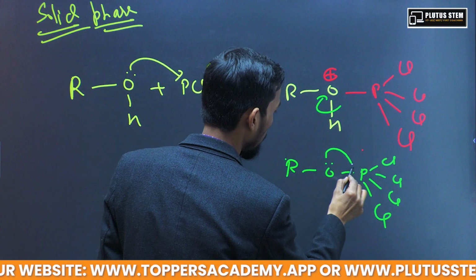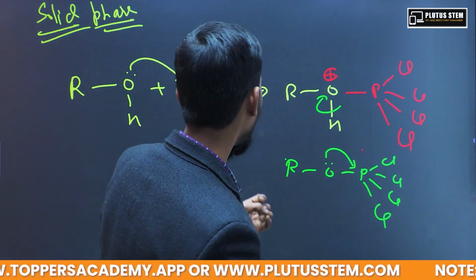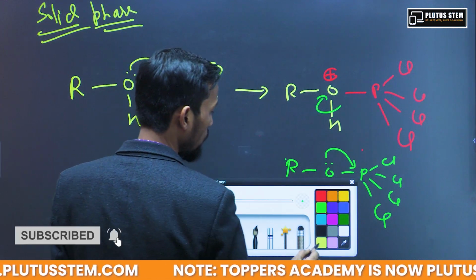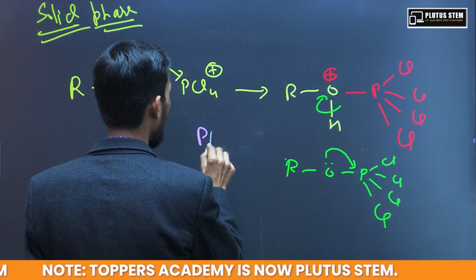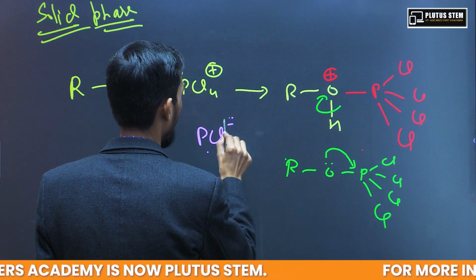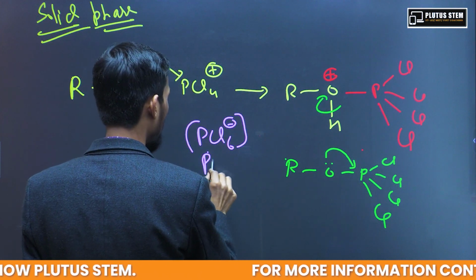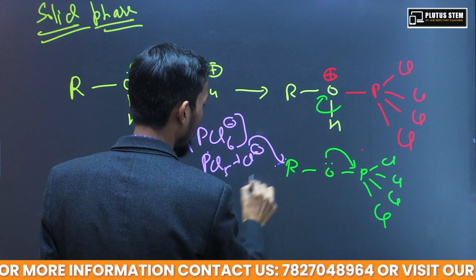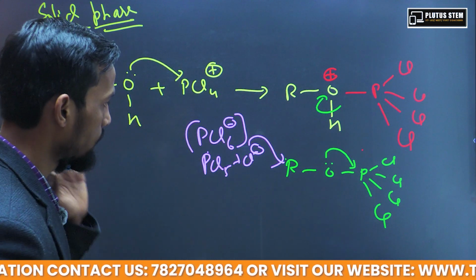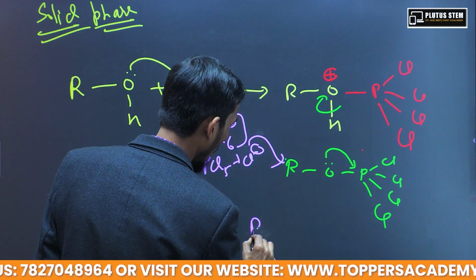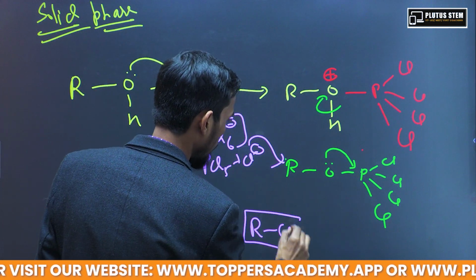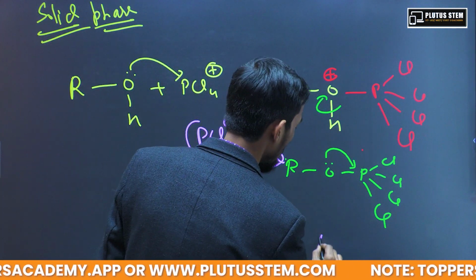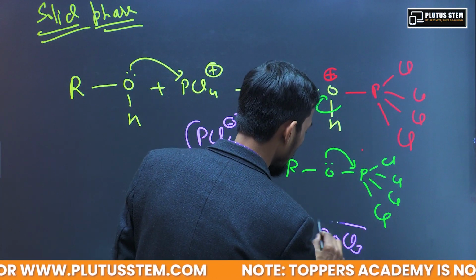Again in the same manner this bond will come over here, and this time this Cl will not attack. Before this attacking of the Cl, the PCl6 negative, or we can say PCl5 plus Cl negative, this moiety will attack over here from the back side, and we will get RCl and POCl3.